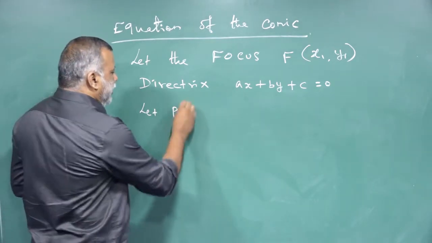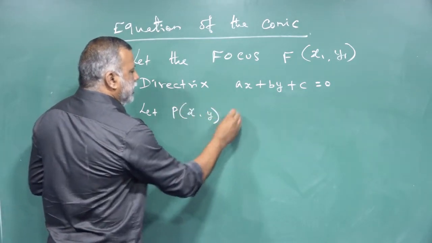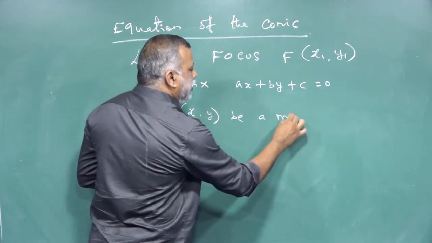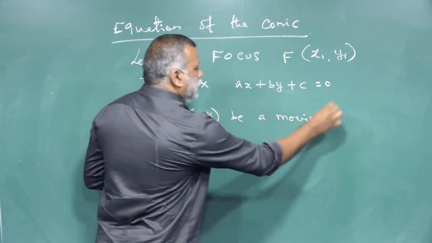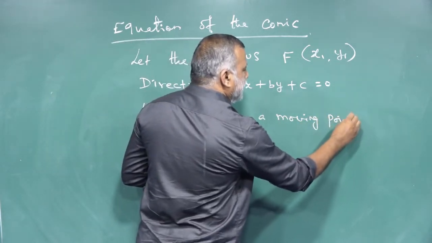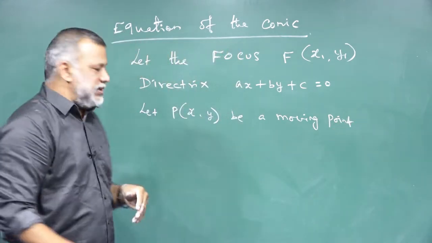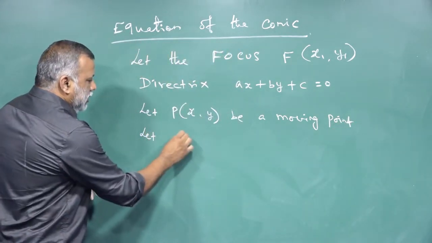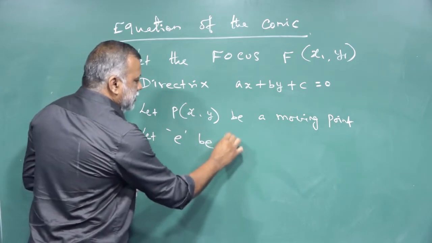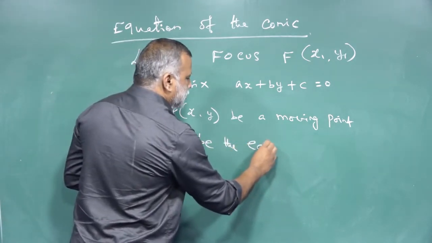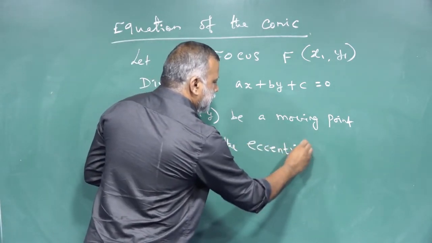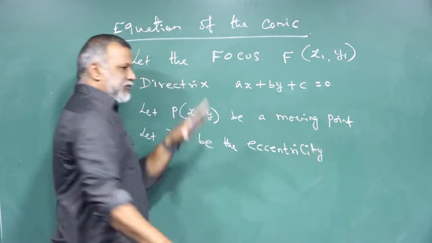It should be denoted by P of (x, y), a moving point. And let E be the eccentricity of the conic.